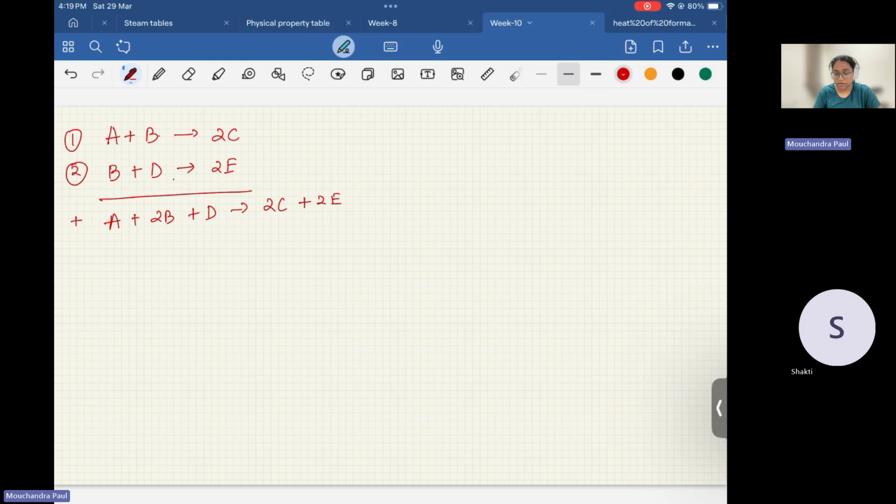If this can be done, then let's say for reaction 1, the standard heat of the reaction is H1, and for reaction 2 it is H2. These two are known to you.